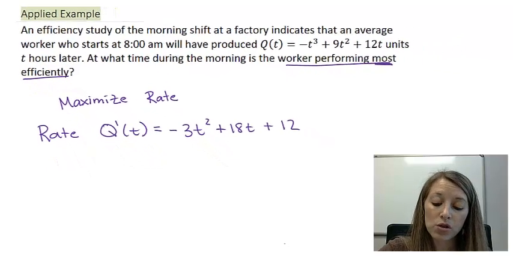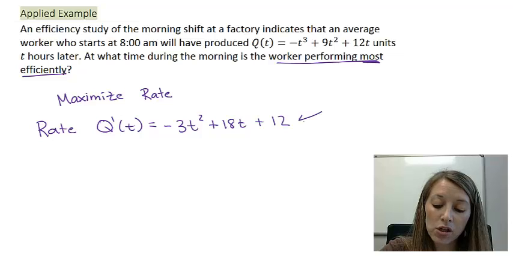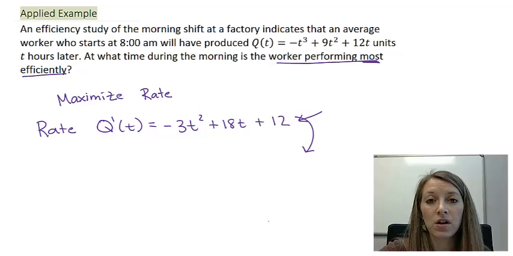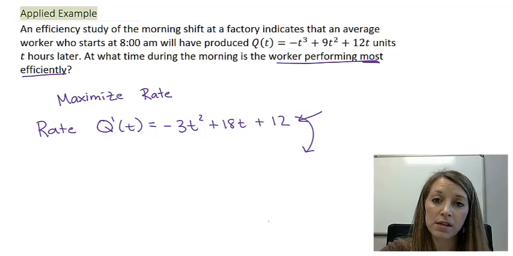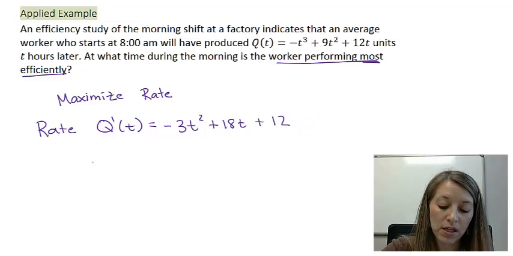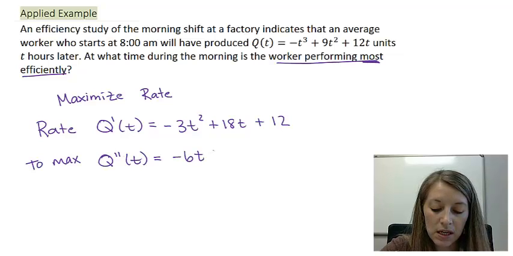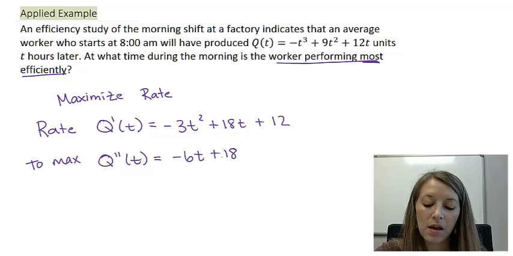Well, if I ever want to maximize any equation, then I have to take the derivative of it. So you always take the next derivative to figure out what you want to maximize or minimize the previous equation. So to maximize this, I need to take the second derivative, which is negative 6t plus 18.